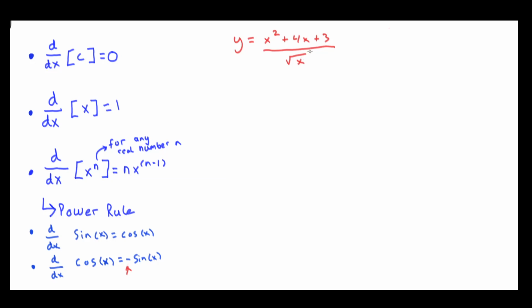Now when you have a function like this, where you have a polynomial in the numerator, which is a single denominator, you can break this down using this formula over here.